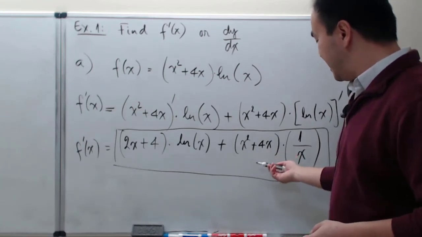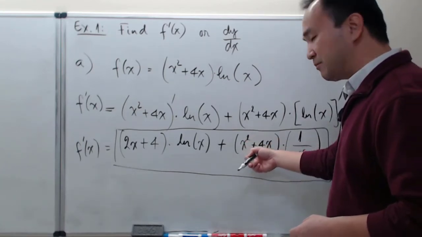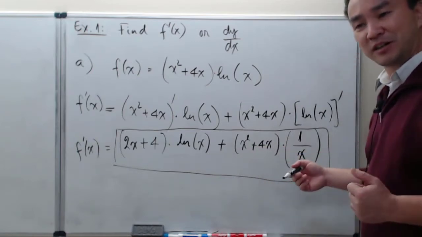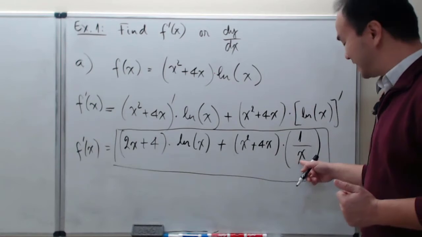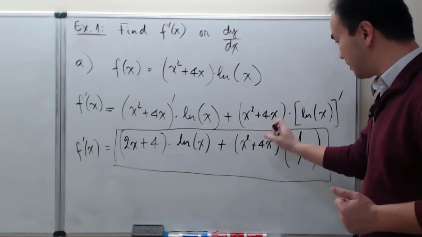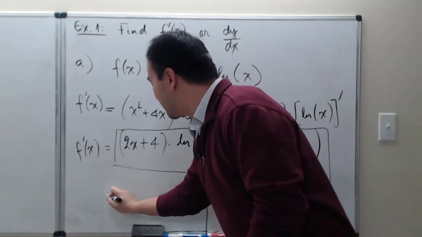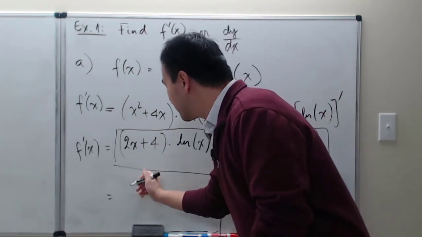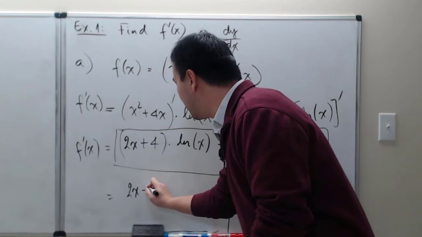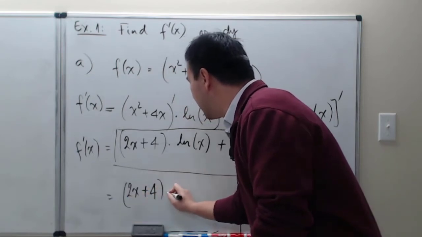So in that case, if you have to simplify it according to your instructor's requirements, then 1 over x multiplied with x squared plus 4x. The first term here looks like there's not much we can do. So there's a 2x plus 4 in product with natural log of x.